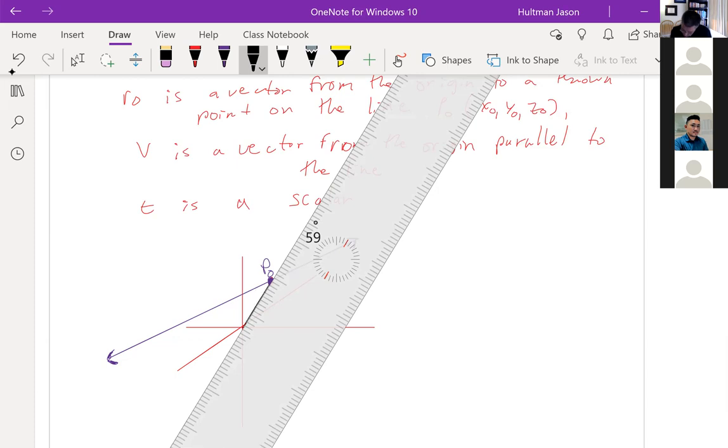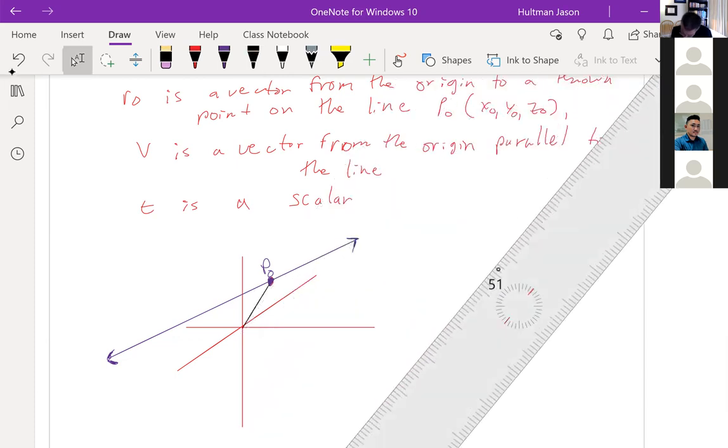So that's R right there, so this is R naught. As we travel along we get another point here.